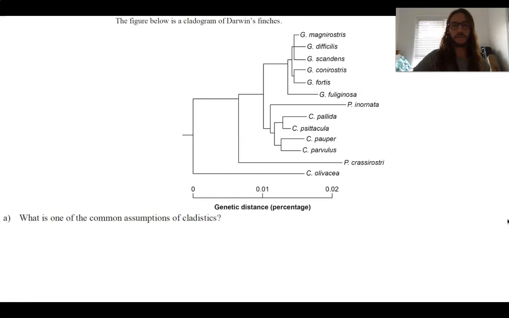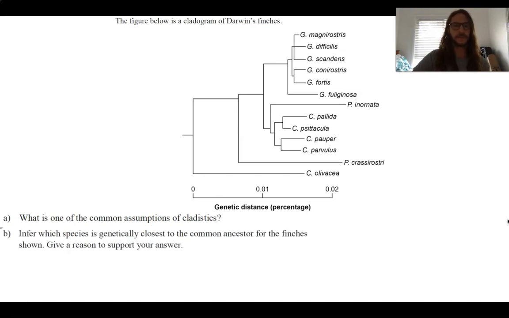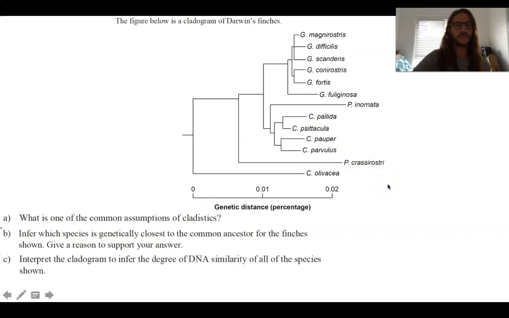So, number 1, or A, what is one of the assumptions of cladistics? Infer which species is genetically closest to the common ancestor for the finches. These are all finches here. Interpret the cladogram to infer the degree of DNA similarity of all the species.